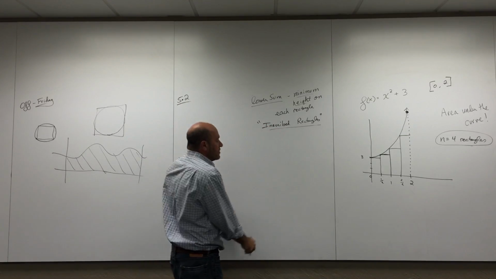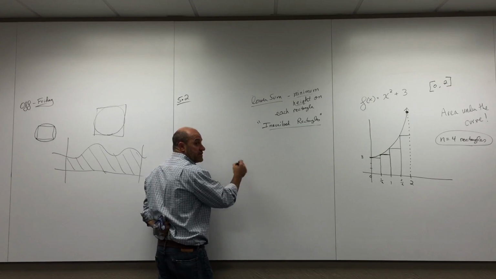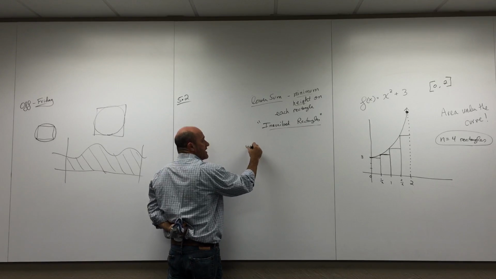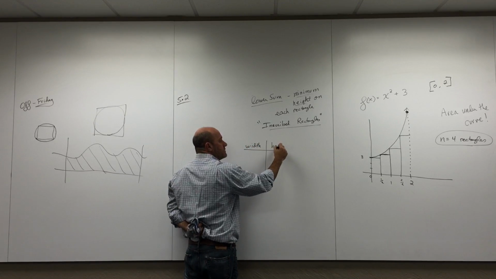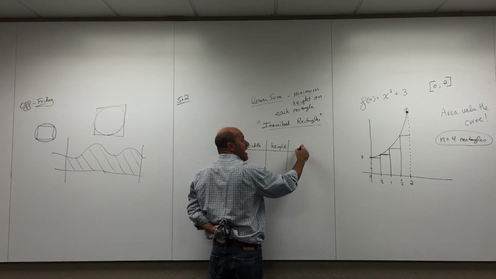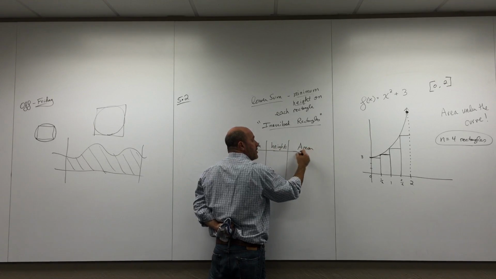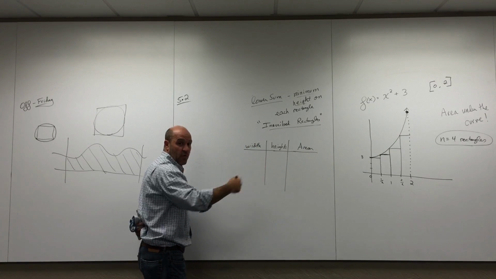So I'm going to kind of build a little chart here, and I want the area of these 4 little rectangles. The first thing I need, though, I think, is I need the width. Then I'm going to need the height. Then I'm going to multiply width and height, then I'll have area. But I'm going to do this for all 4 of my rectangles. You ready? My 4 little rectangles.